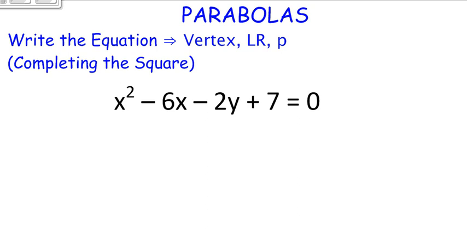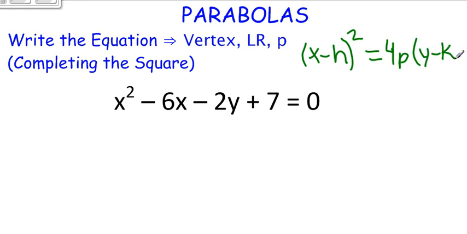The normal equation for this is going to be x minus h squared equals 4 times p times y minus k. And it would be flip-flopped. That's the vertical one. It'd be flip-flopped for the horizontal. So the y minus k would switch with the x minus h.